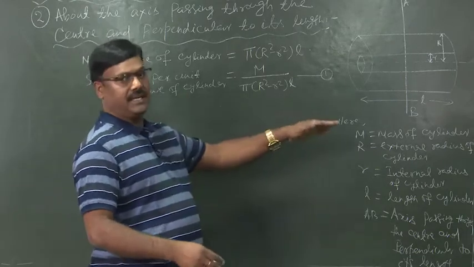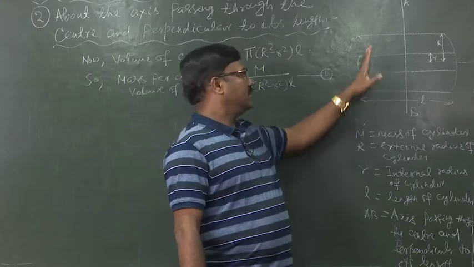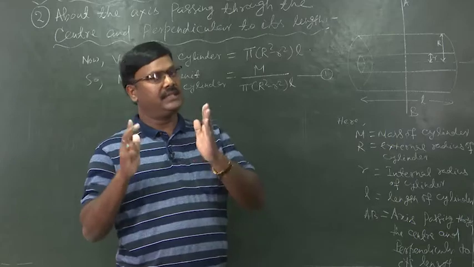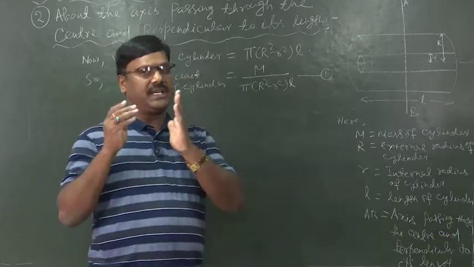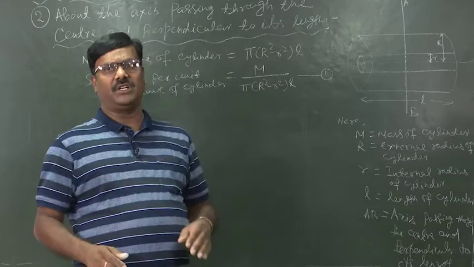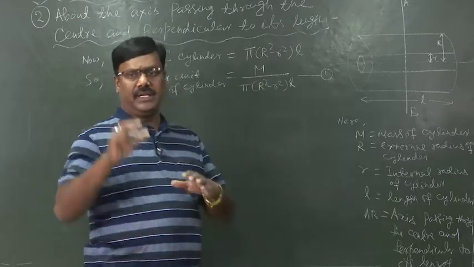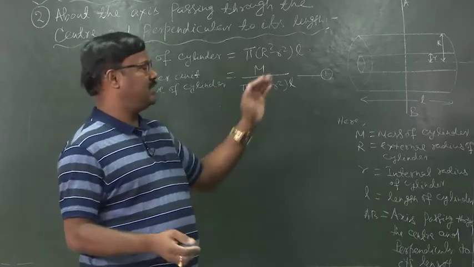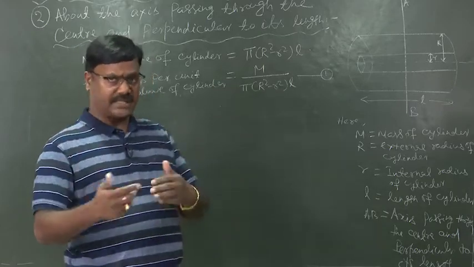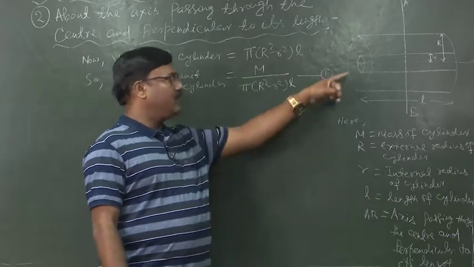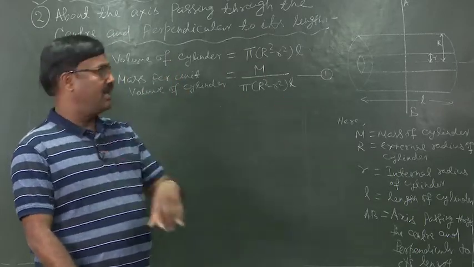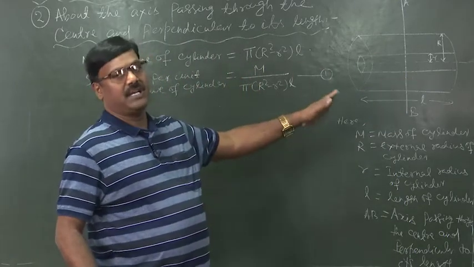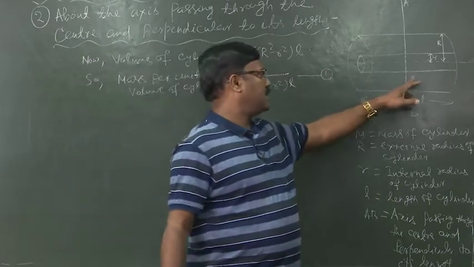So, exactly here we can apply that the cylinder is the sum of a number of circular discs. If we consider the element of the cylinder in the form of a circular disc, then by calculating the moment of inertia of that circular disc about the axis AB, we will be able to find the moment of inertia of the total cylinder about the axis AB.